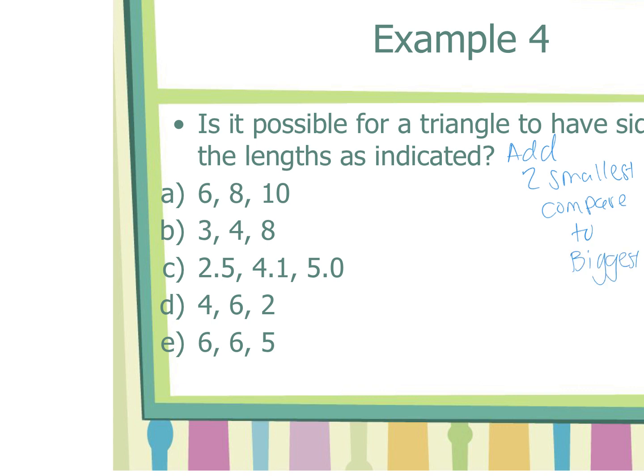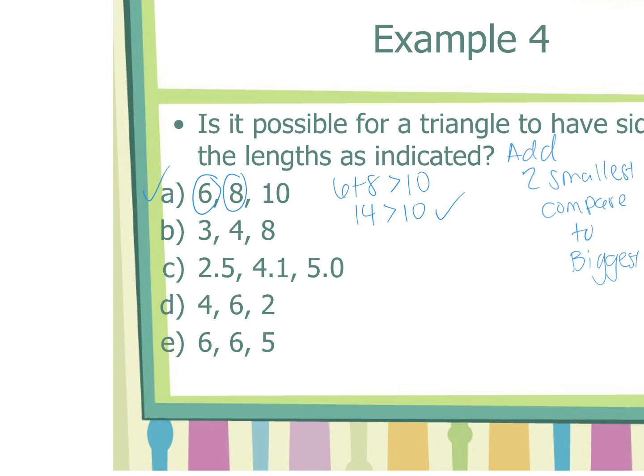So, take a look at letter A. Of 6, 8, and 10, which 2 are the smallest? 6 and 8. If I were to add 6 and 8 together, it would need to be larger than 10. Is this true? What's 6 plus 8? 14. Is 14 larger than 10? Bingo. So that one works.